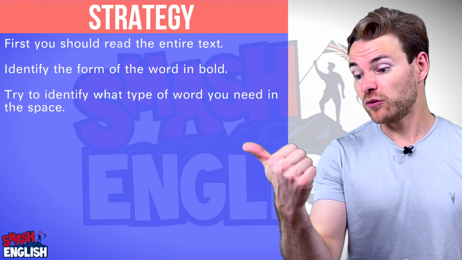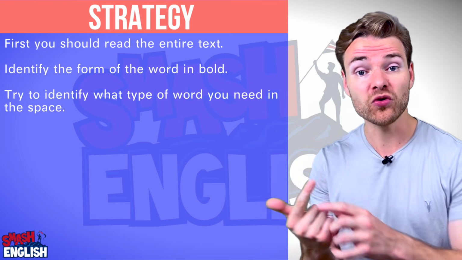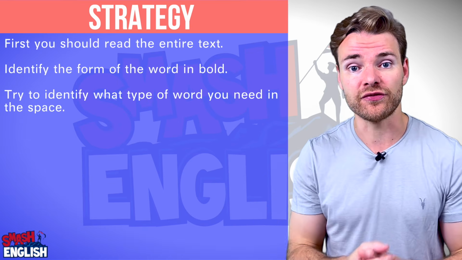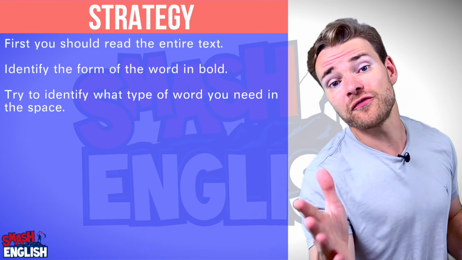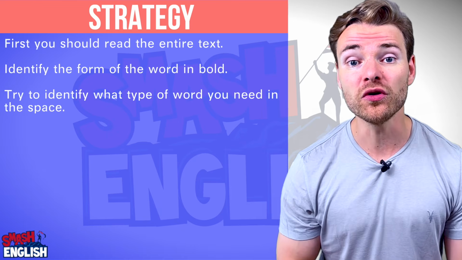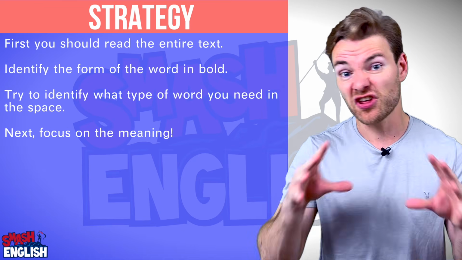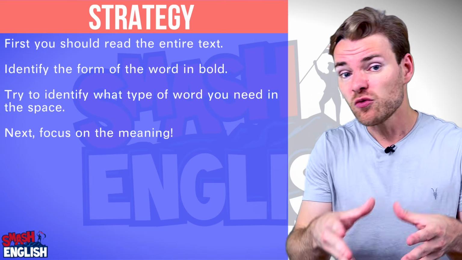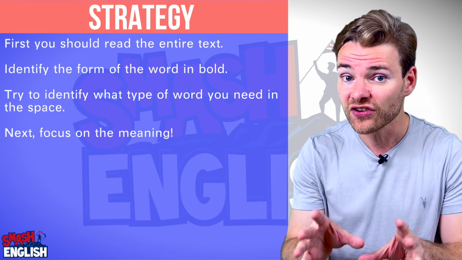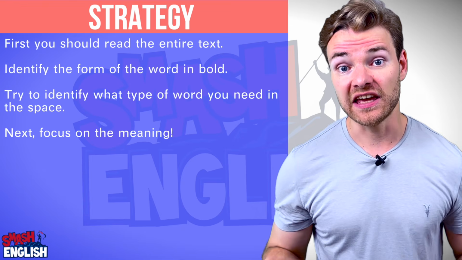Do you need a noun? And if so, is it plural or singular? Do you need an adjective? Do you need a verb? Do you need an adverb? And finally, once you have decided all of this, you need to think about the meaning. Does the word that you have created fit with the sense of the sentence and the text in general?